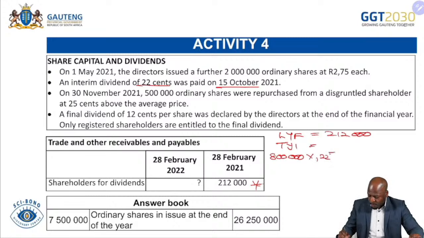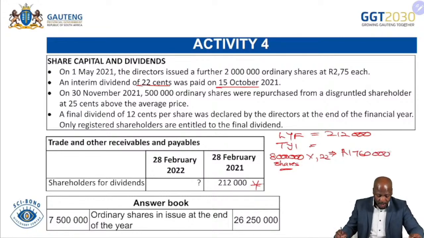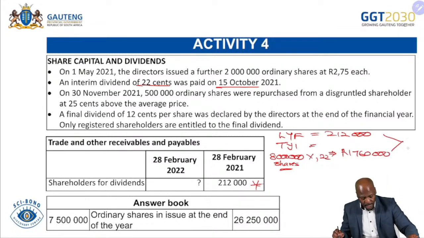It is 8 million shares here, not 800,000. 8 million shares multiplied by 22 cents should give you an amount of 1,760,000. Then you would be adding these two now to get your dividends paid.